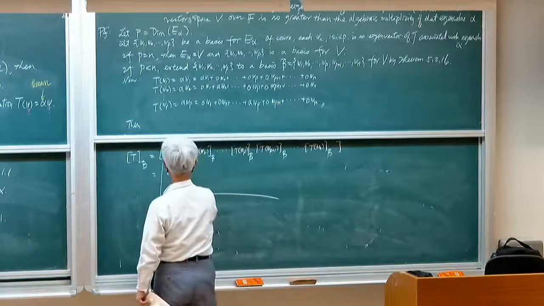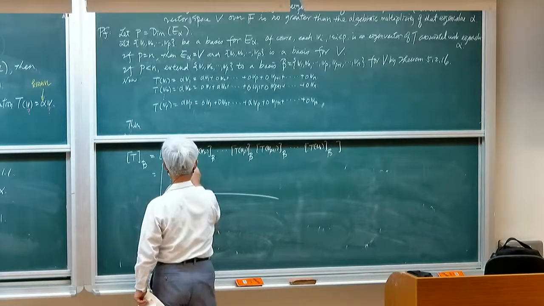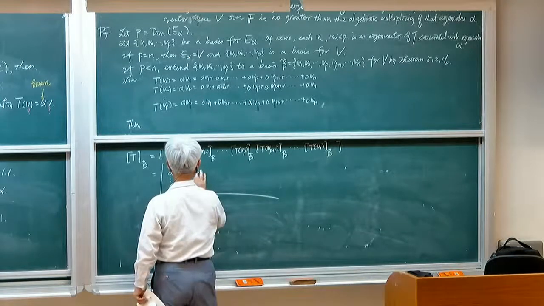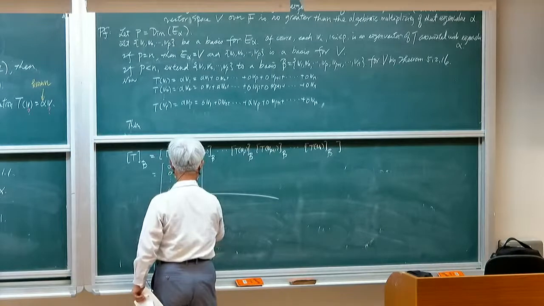The second column is 0, alpha, 0, and 0, 0. And so on to alpha, and this is all zeros.